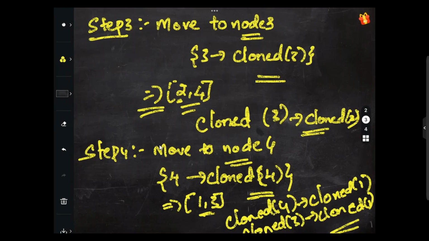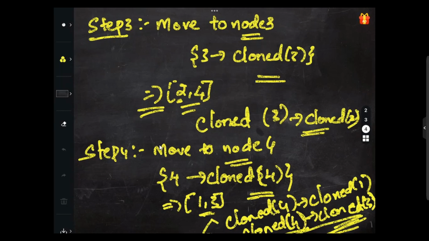Yes, this one I missed completely. This one has to be 4 we are considering here, right? So cloned of 4 to cloned of 3 here. Sorry, I got confused here. So 1 and 3 are already cloned. So we are connecting clone 4 to clone 1 and clone 4 to clone 3. So I hope this is completely clear.